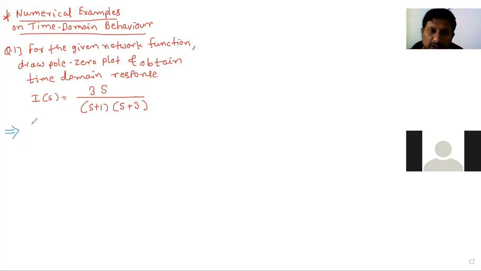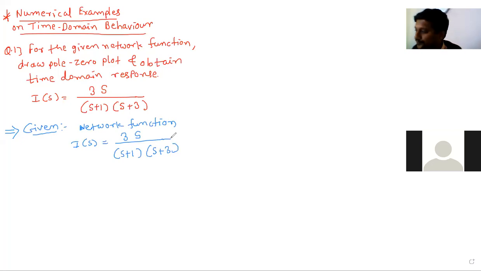Very good. So first of all, we have to write the network function. I of s is equal to 3s divided by (s plus 1) into (s plus 3). Already given in the factorization form.